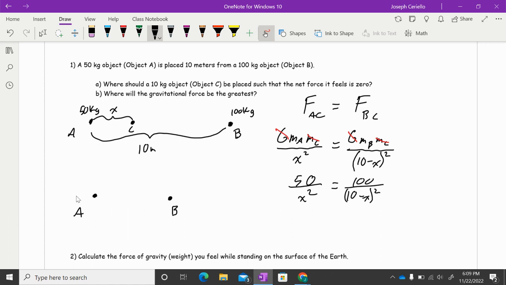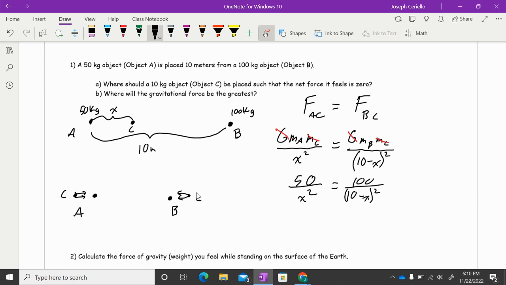Well, think about this. If I place it here, the forces of gravity are both going to be pulling to the right. If I place it here, the forces of gravity are both going to be pulling to the left. So anywhere outside of A and B, the forces of gravity will now be helping each other. Therefore, that's where you would get the greatest force of gravity.